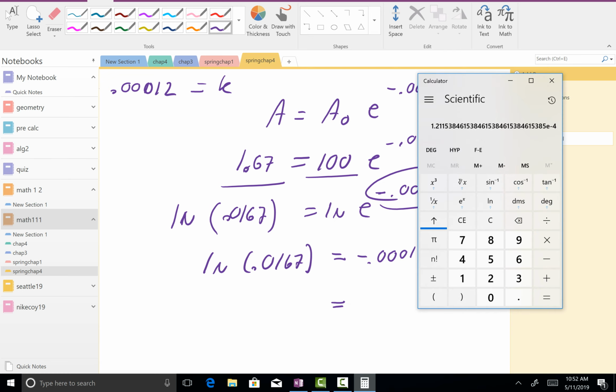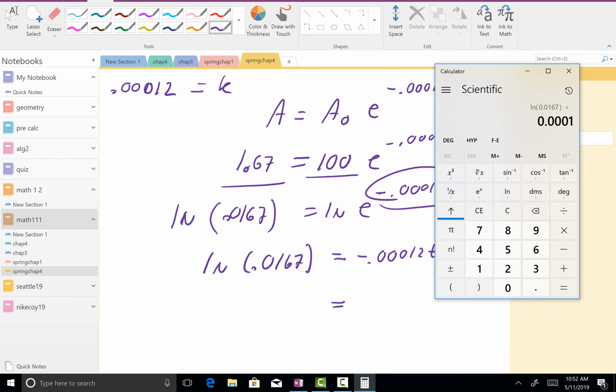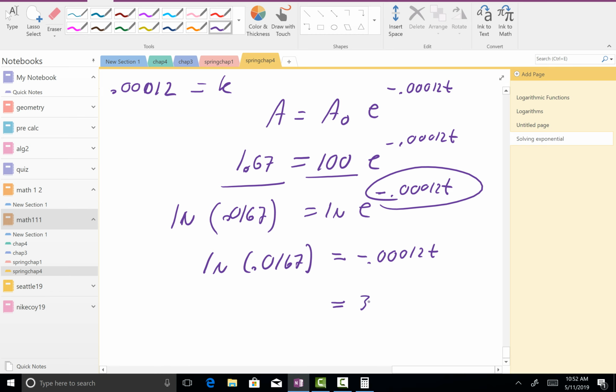So here we're going to get a negative, and that's okay too. 0.0167 natural log divided by 0.00012. And I get 34,102 for my time.